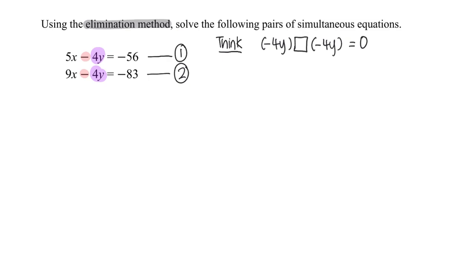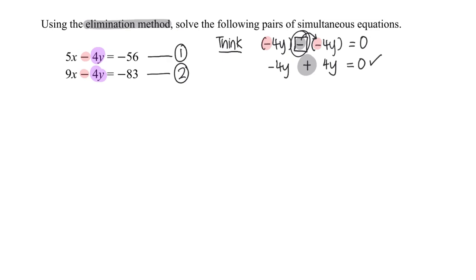Take note, when we add it up, it will not give me 0, but if we minus it, negative 4y minus a negative 4y is the same as negative 4y plus 4y. And this does give me my 0. And therefore, for this particular question, we are going to subtract the equation.